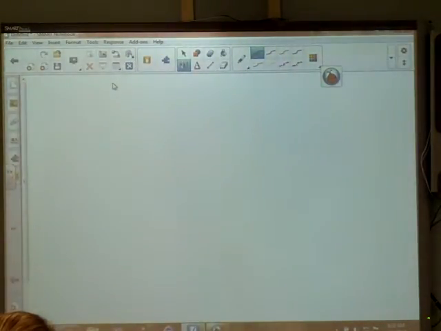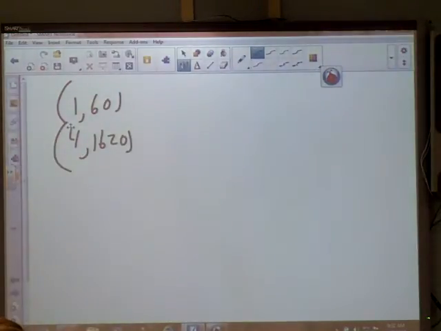Remember, that was step 1, was to pick, well, actually we have lots of steps, but first thing I do is narrow it down to 2 points. I used 1, 60 and 4, 1620. What we discovered, somebody in one of the afternoon classes, was that 0 would not be a good one to use. Because what is anything to the 0 power? 1.